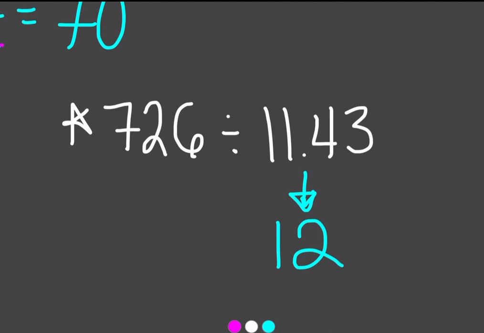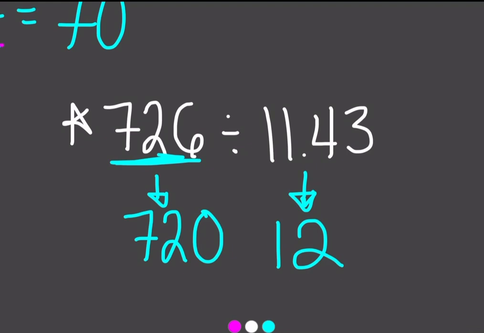The reason I did that is just looking at this number, I know my 12's facts really good. 12, 24, 36, 48, 60, and 72. And I could change that number to 720 because 726 and 720 are really close. And now I can divide it. 72 divided by 12 is 6 with a 0 I need to put over there.